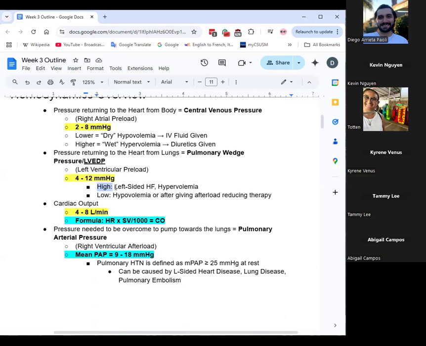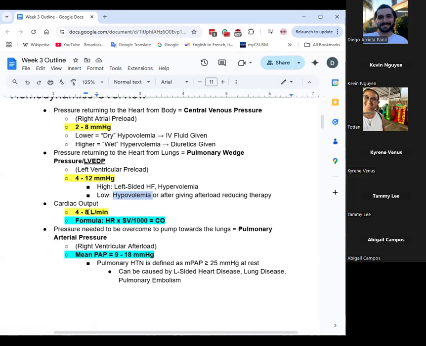That might also go with hypervolemia, so there's again too much pressure on that side of the heart, too much overload. Conversely, low would be hypovolemia or potentially a decrease due to medications that might alter the pressure going on there.